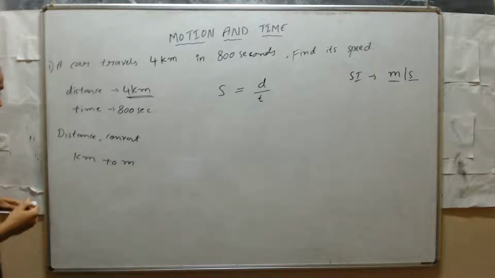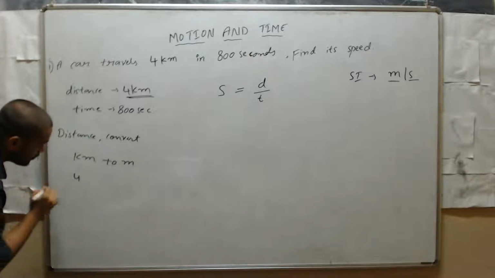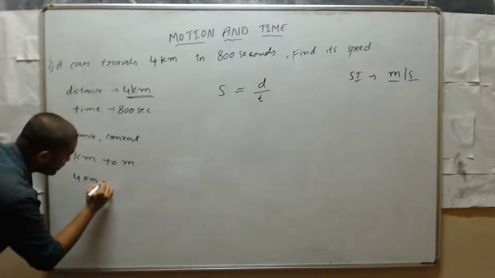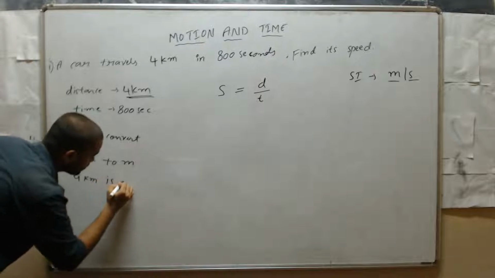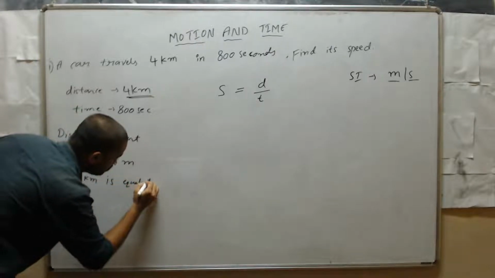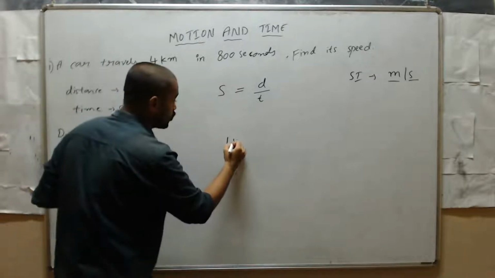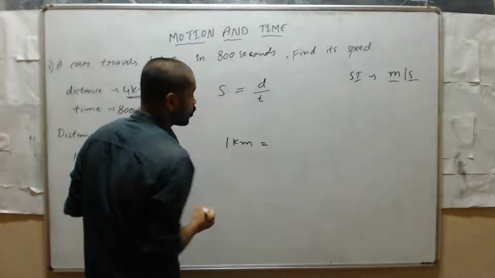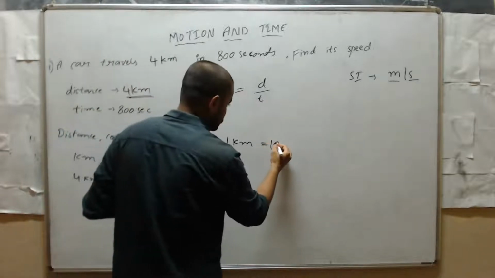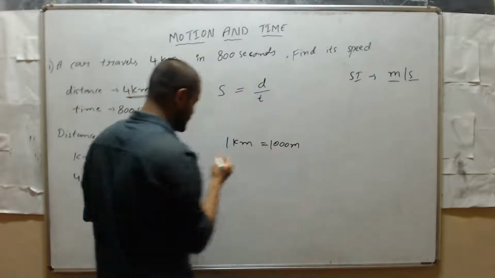How, sir? See here, 4 kilometers is equal to how many meters? Before that, 1 kilometer is equal to 1000 meters, students.